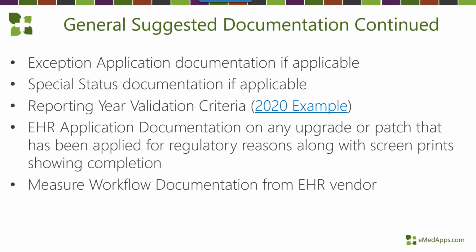You'll want to have those available so that, if there are questions on how you capture information related to a specific measure or objective, you understand and have that information available both from your EHR vendor and from CMS, so that you can show any kind of auditor proof of that information being captured accordingly. Next slide, please.